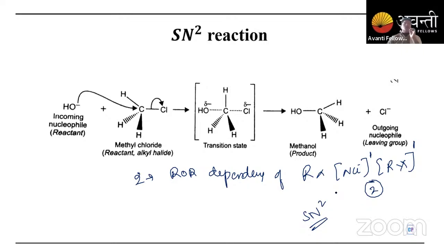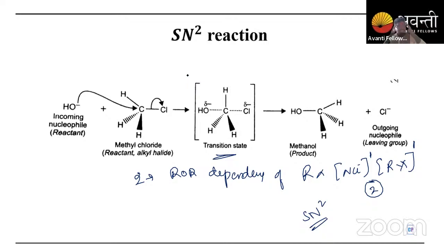Clear? Now, how does this mechanism work? In the SN2 reaction, OH minus is a strong nucleophile. It will try to attack the carbon, and simultaneously there is a transition state. So what is a transition state? A transition state is a state where the compound is highly unstable.